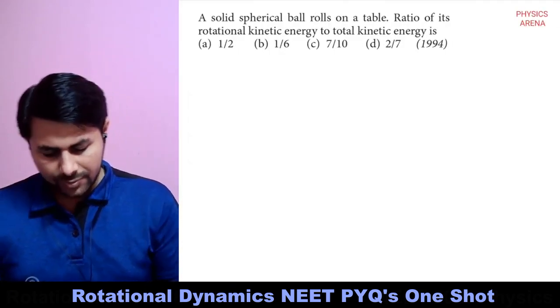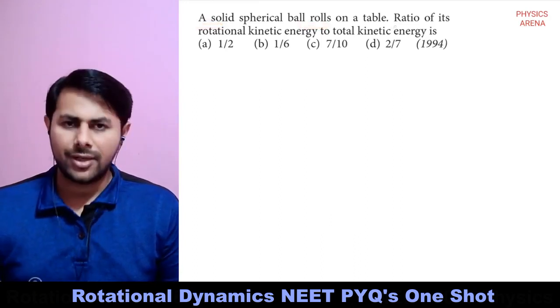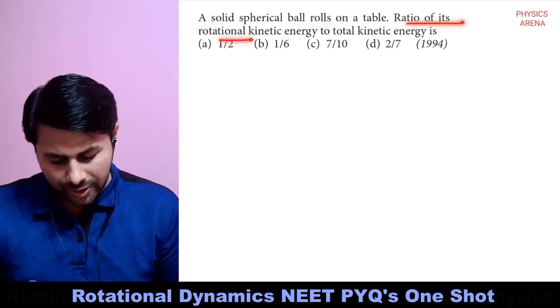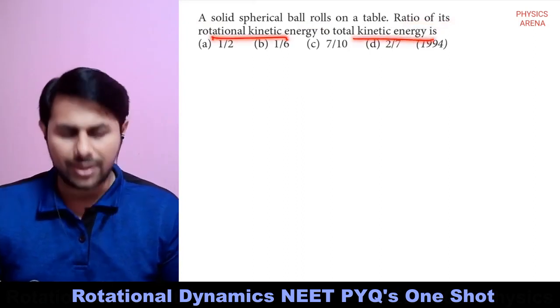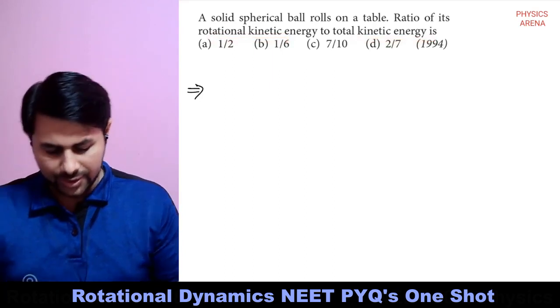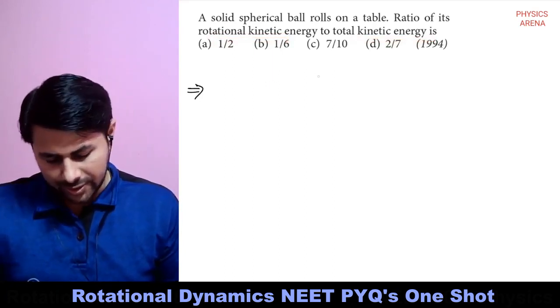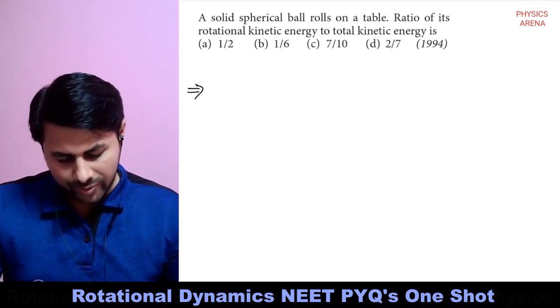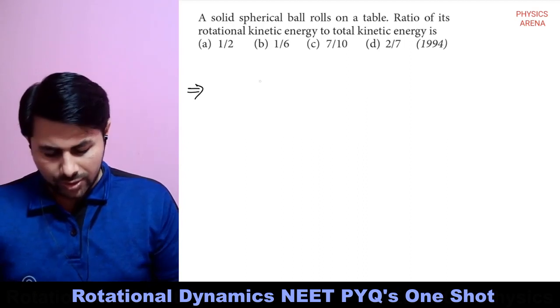Next one: a solid spherical ball rolls on a table. The ratio of its rotational kinetic energy to total kinetic energy is? Again, this is also a simple question. So what is rotational kinetic energy? There is a solid spherical ball which rolls on a table.